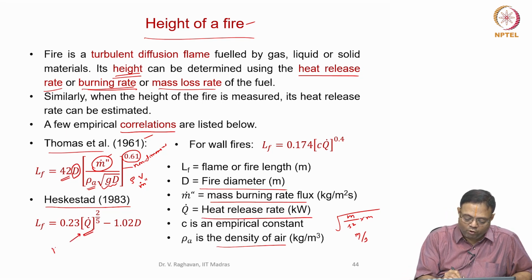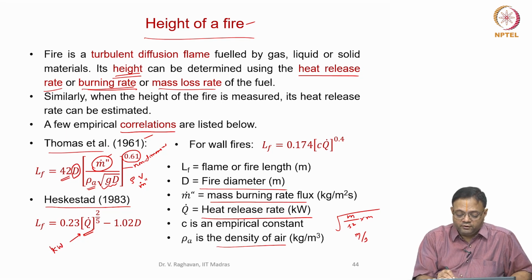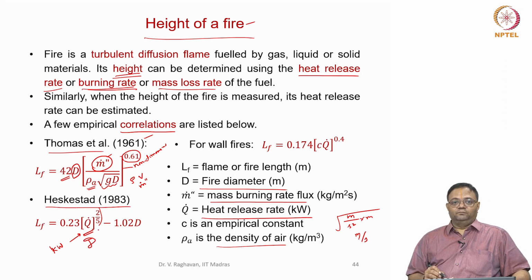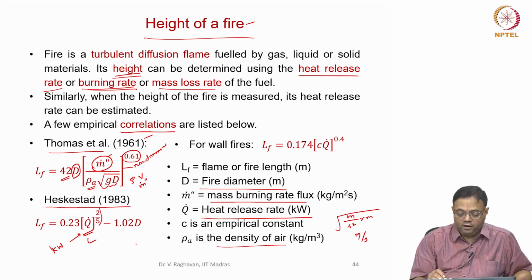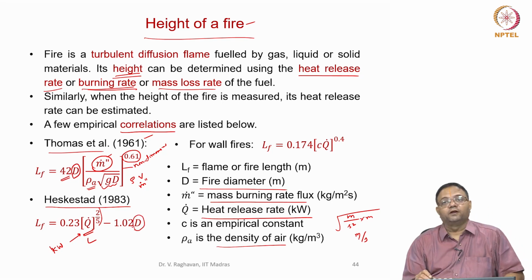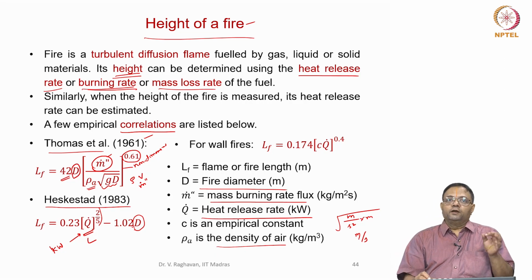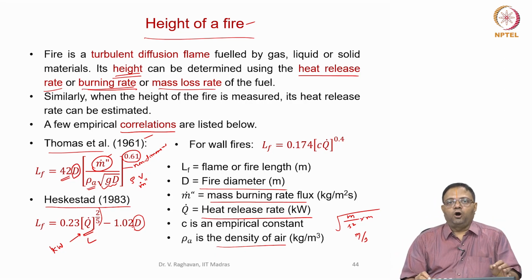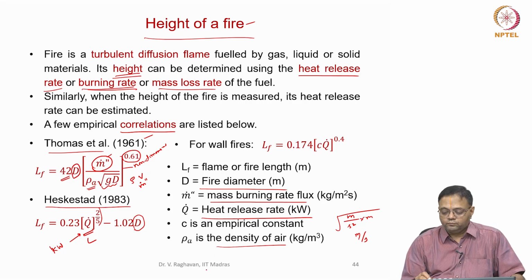Please understand this heat release rate is in kilowatts, and this 2 by 5 power actually comes due to the fact that when you have a non-dimensional number based upon q dot and its power is 2 by 5, this will go as a length scale L. So again you can see that this is correlated using the heat release rate, and a diameter term also is present here, again indicating the importance of the flame length on the diameter of the fire, as the scaling analysis has shown us.